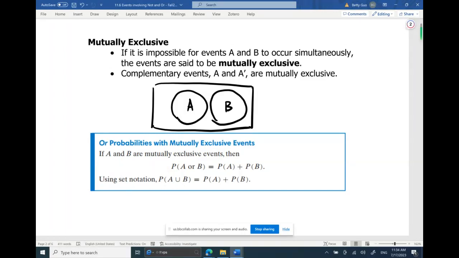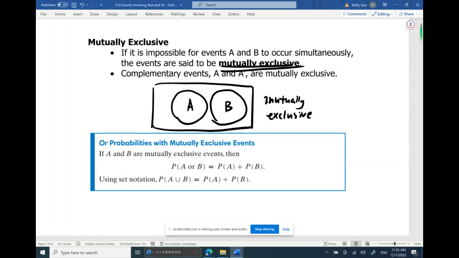Mutually exclusive. Let me write down the words. So two sets being disjoint, if the two sets are events, actually refers to two events that are mutually exclusive. The formal definition is that two events are mutually exclusive if it is not possible for them to occur simultaneously.